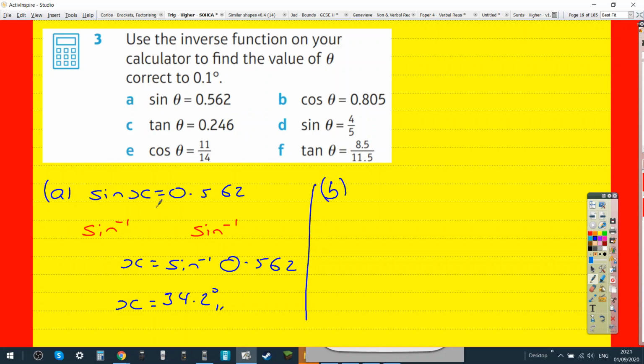I used x to be the unknown. For an unknown angle, they use this letter called theta. Rhymes with cheetah. So question B: the cos of an angle is 0.805. How would you get what the angle is?